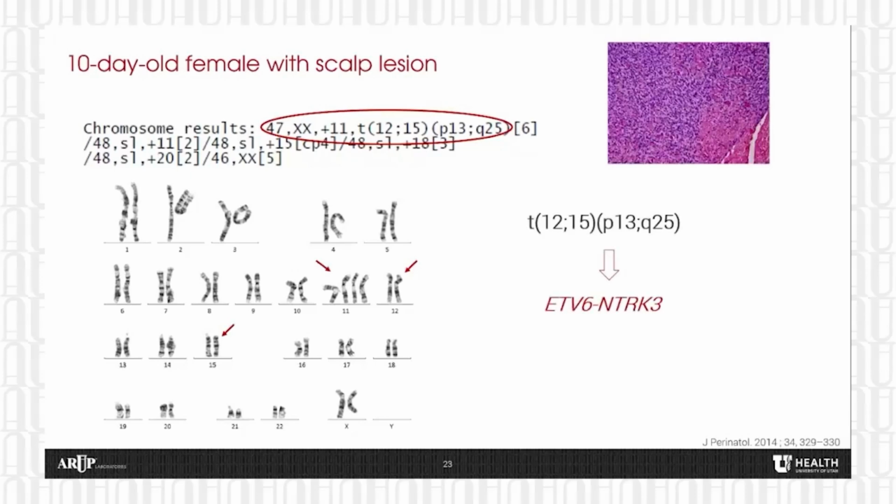It turns out that this translocation, 12;15, results in fusion of ETV6 and NTRK3, which, in addition to copy number gain of chromosomes, is a recurring phenomenon in infantile fibrosarcoma.